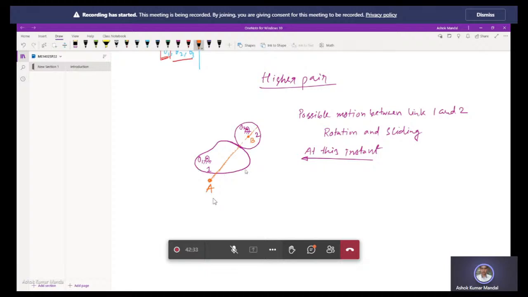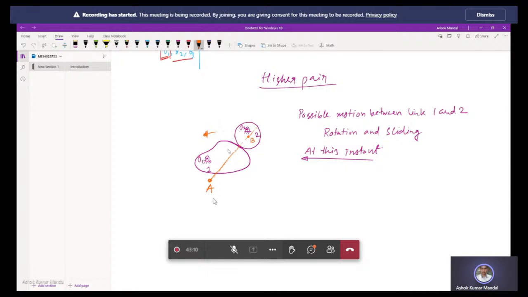Obviously, this surface is a smooth surface. That means there is no discontinuity in this curve, but this curve is not a circle. That means this point A is not a fixed point. At the next instant, suppose the whole thing is rotating in this direction, so this link will come to some position here, and at the same time this will also have some other position.